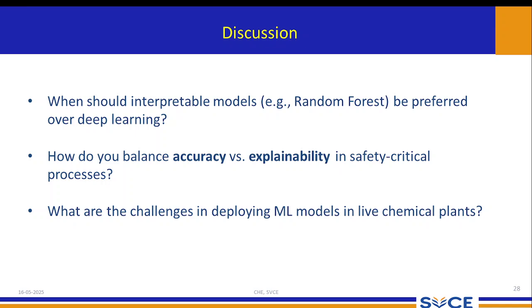What are the challenges in deploying machine learning models in live chemical plants? With this, the case studies make it meaningful. We have seen how to go about it for different scenarios, two case studies, and what challenges need to be faced while incorporating these machine learning techniques into a chemical process plant.